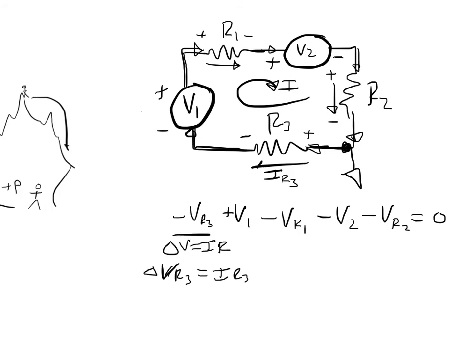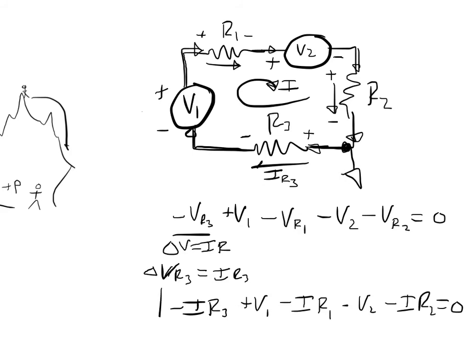So I can replace this first term in the equation with minus IR3. And then V1 is our voltage source. R1, again, we're losing voltage, so minus IR1. Then we have our V2, and then our last resistor is IR2 equals 0.